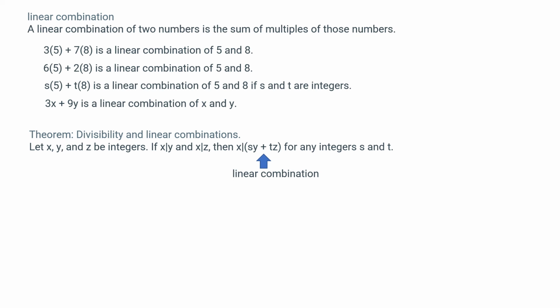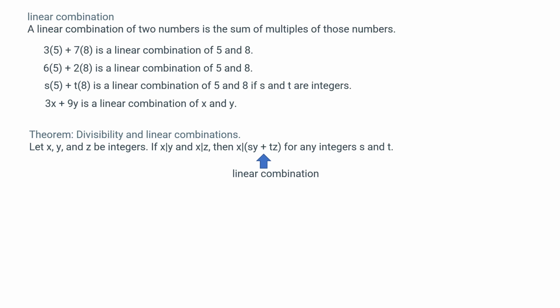So what did we do there? We took the y and the z that x divides both of those, and we took a linear combination of that. S, which is some integer, could be anything, times y, plus t, an integer, could be anything, times z. Adding those together, that would become a linear combination.